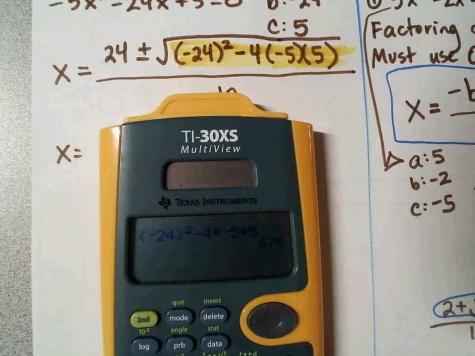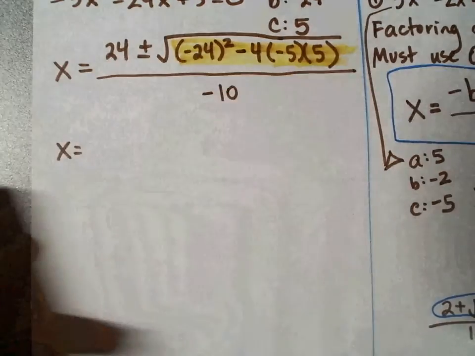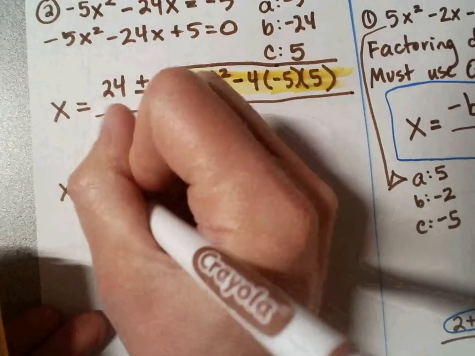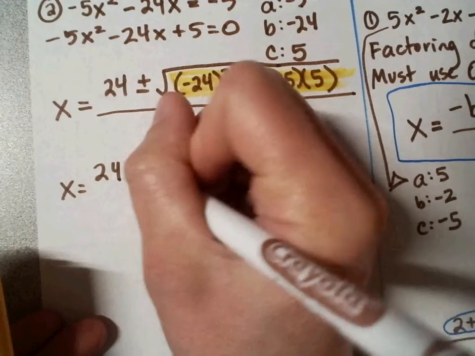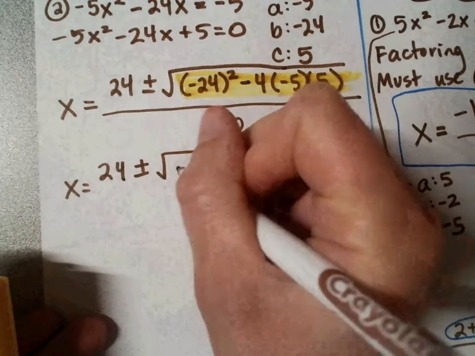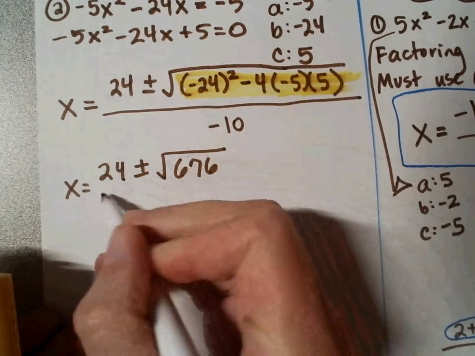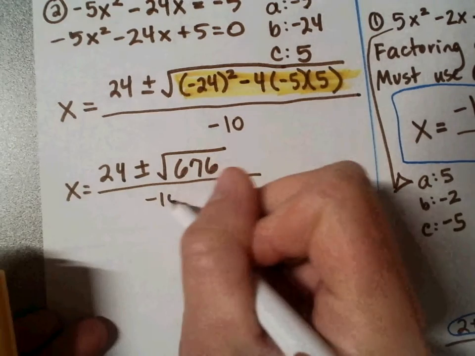I got 676. Anybody else? Okay, so 24 plus or minus the square root of 676, all divided by -10.